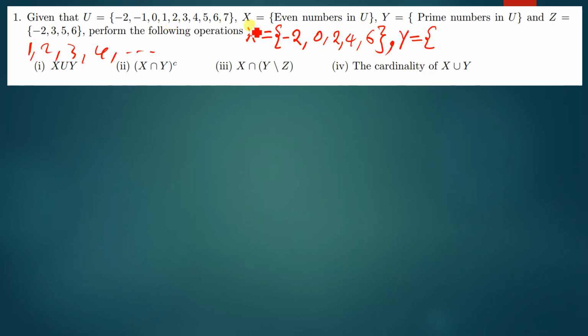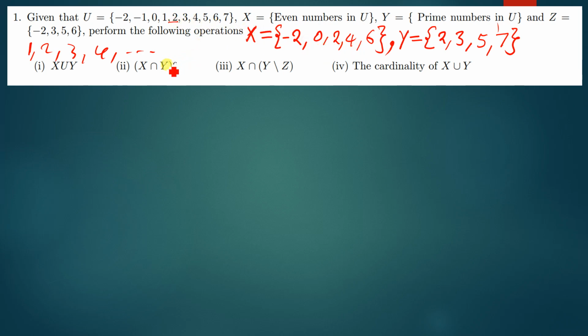The smallest prime number we have is 2. So we start from 2 there, and then we have 3, and then we have 5, and then we have 7. 7 is also another prime number. So these are the prime numbers that we have in the universal set. So we have 2, 3, 5, 7.